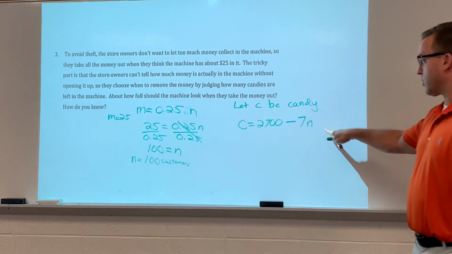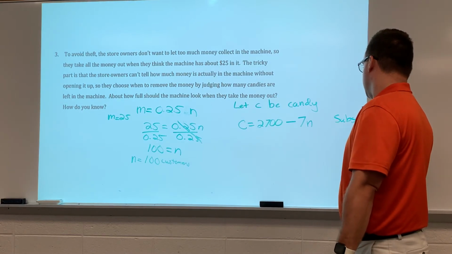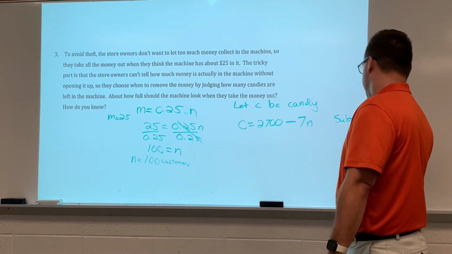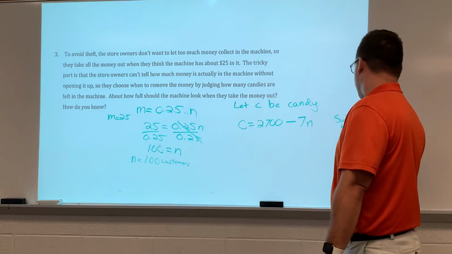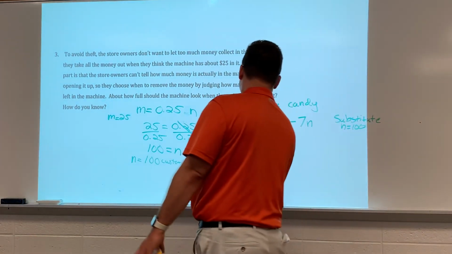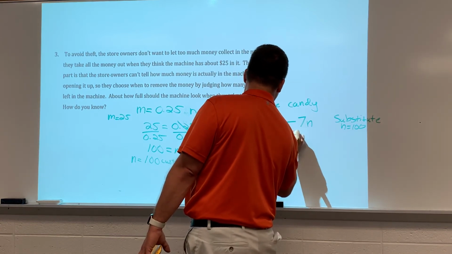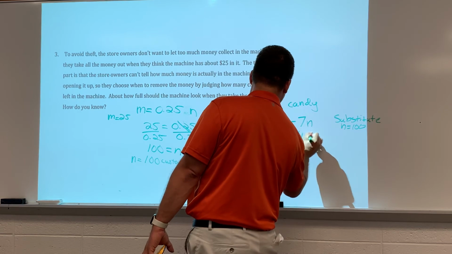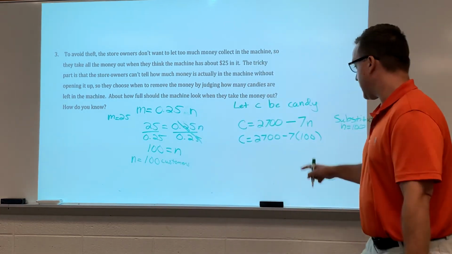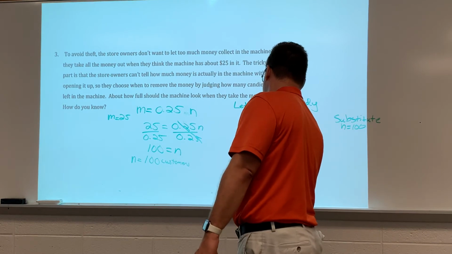And again, what we're gonna do here is substitute N equals 100 and see how much candy is left. 2,700 minus 7 times 100. Then 7 times 100 is just 700.